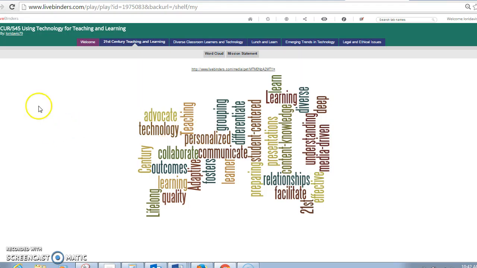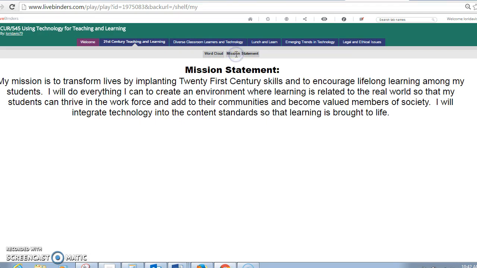Next, the next sub-tab is the mission statement. The mission statement is to transform lives by implanting 21st century skills and to encourage lifelong learning among my students. I will do everything I can to create an environment where learning is related to the real world so that my students can thrive in the workforce and add to their communities and become valued members of society.